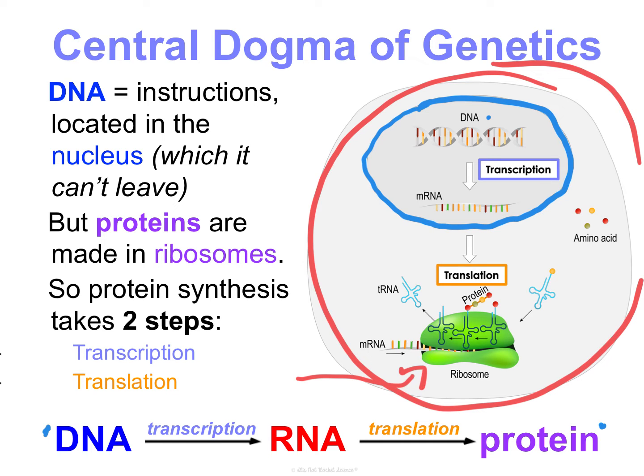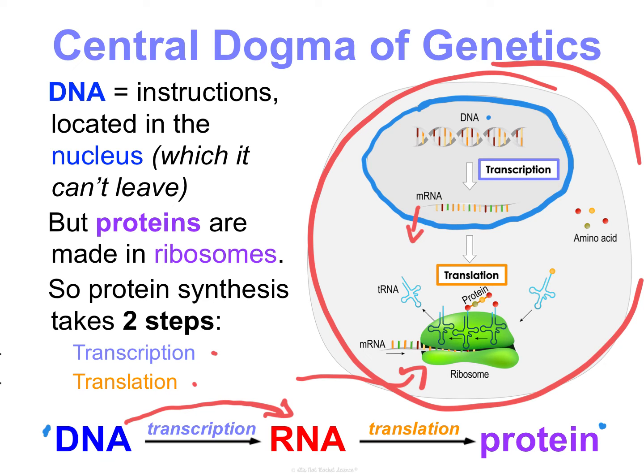So in order for this to occur, we're going to have a two-step process, transcription and then translation. Transcription is going to be the instructions that code for the RNA molecule, specifically we'll be talking about mRNA, that are going to leave the nucleus.